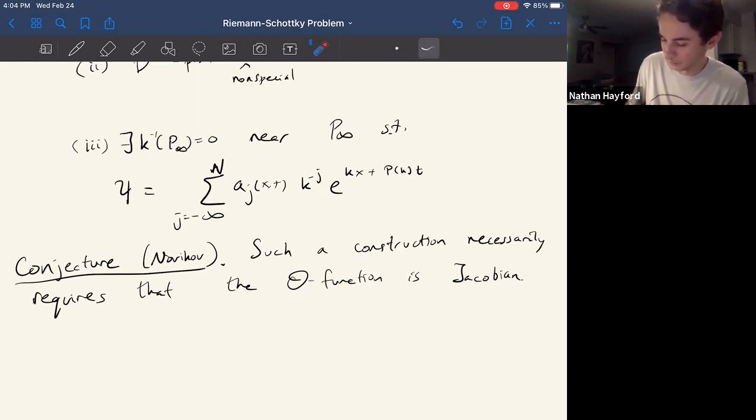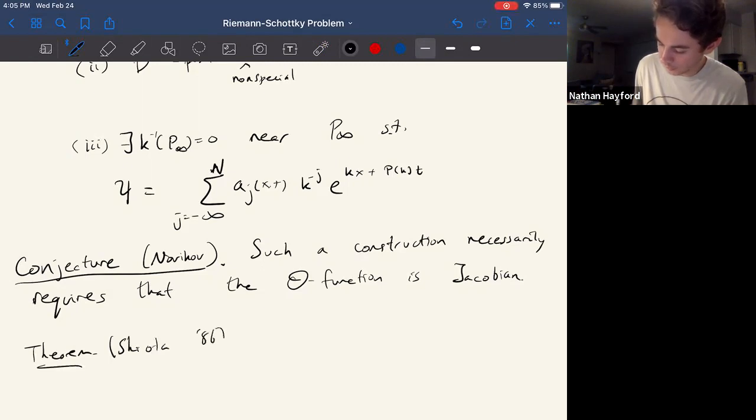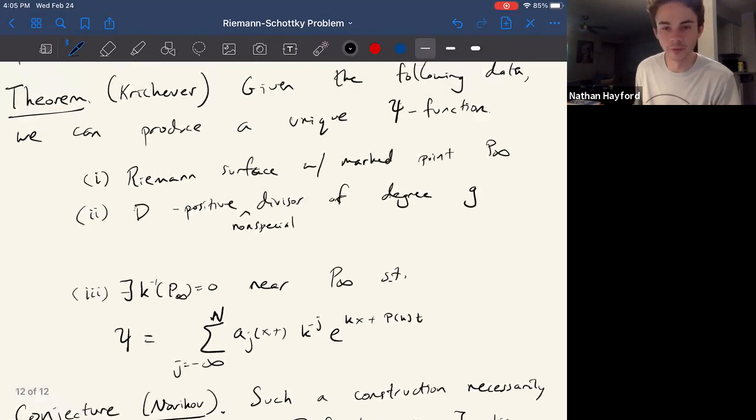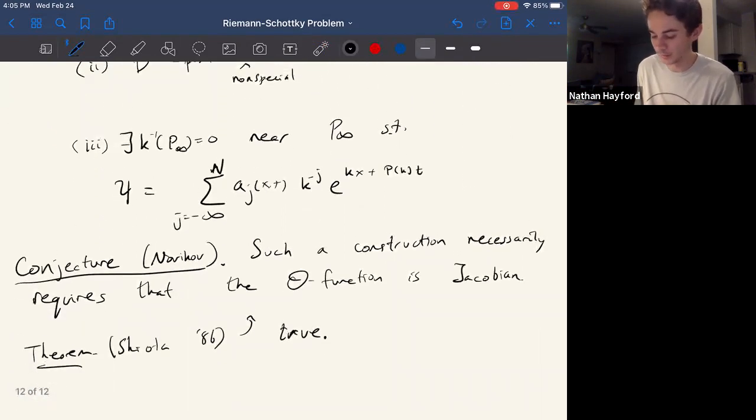So the conjecture is actually not only a conjecture, it's a theorem due to Shiota in '86, that the conjecture is actually true. And it relies essentially on techniques from Burchnall-Chaundy theory and also Krichever's construction. So actually half of the conjecture is done by Krichever.